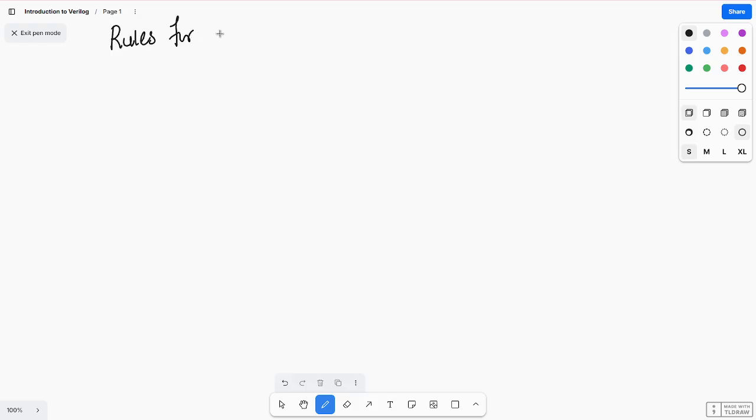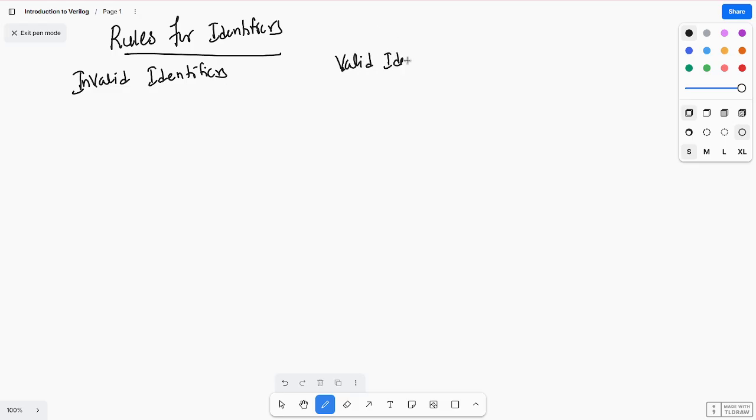Here I will write invalid identifiers and valid identifiers. These apply to identifiers or module names.